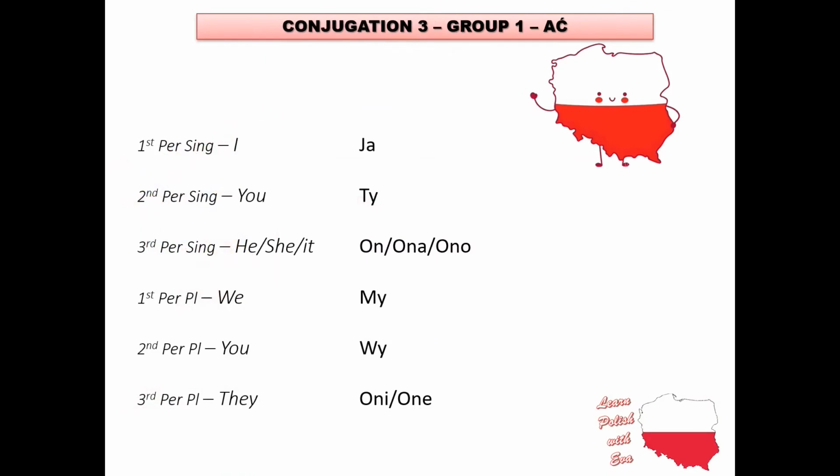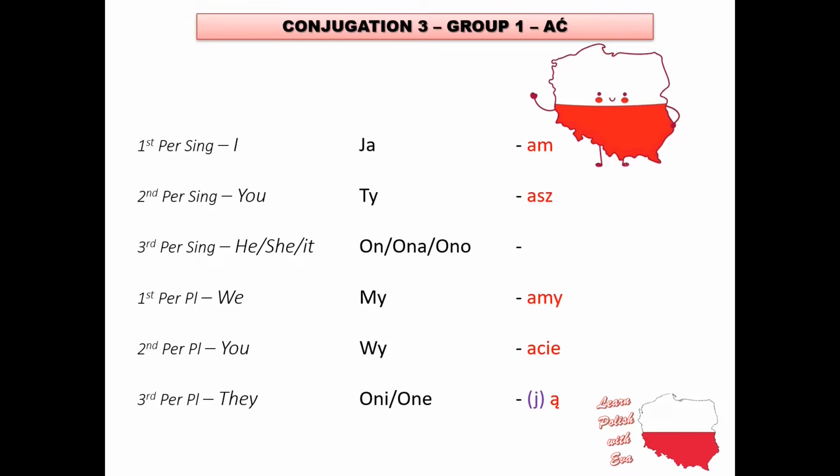Group 1, which has the ending ach, will have the following endings: m, sz. As you can see, for the third person singular, there will be no specific ending. We will just remove the last letter, and that's it. There's nothing to add on to the stem, so that's really cool as a difference, no?